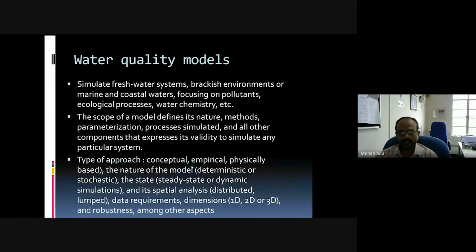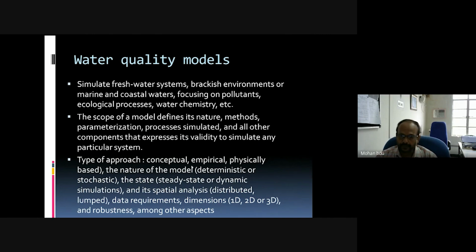Similarly, there are water quality models which are being used to predict the impact of an industry or a development activity on the surface water or groundwater, or anywhere, even inside the marine environment. If there is a leakage or if there is a dispersion of pollutants in the marine environment, we can use different models and analyze the impact of pollution.